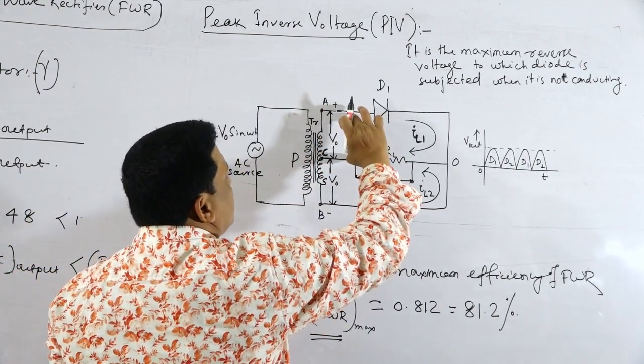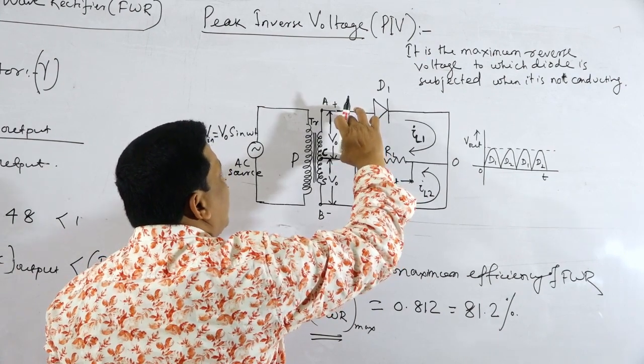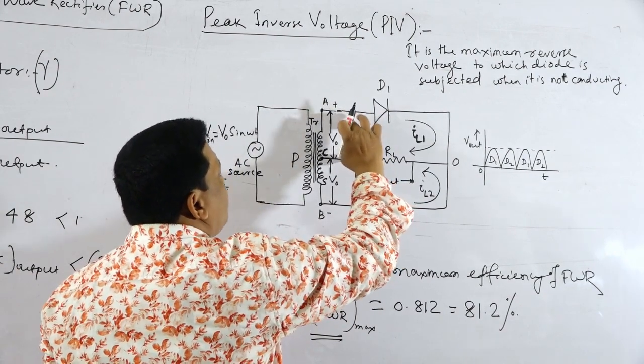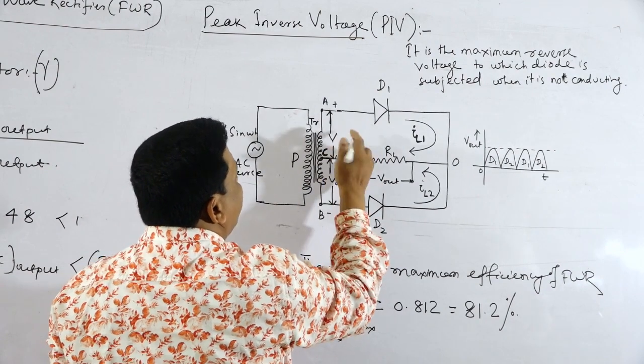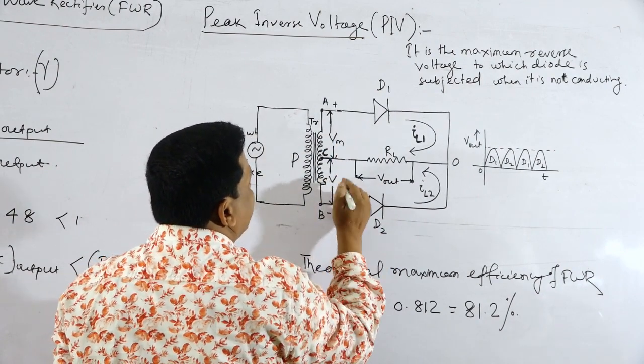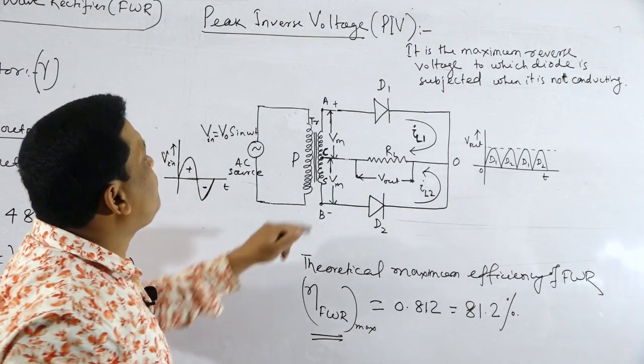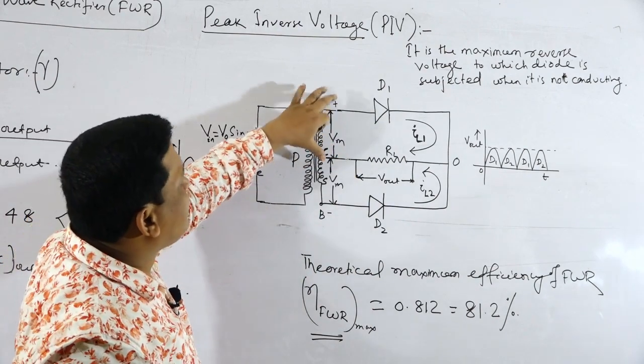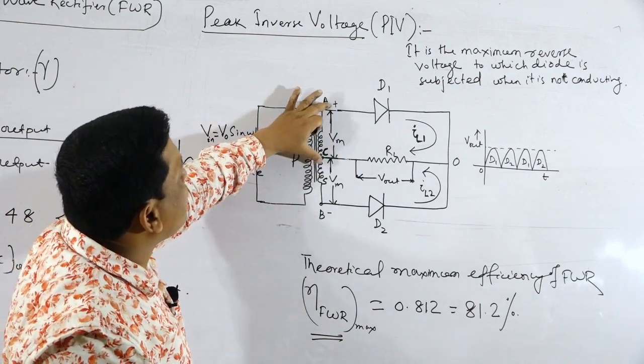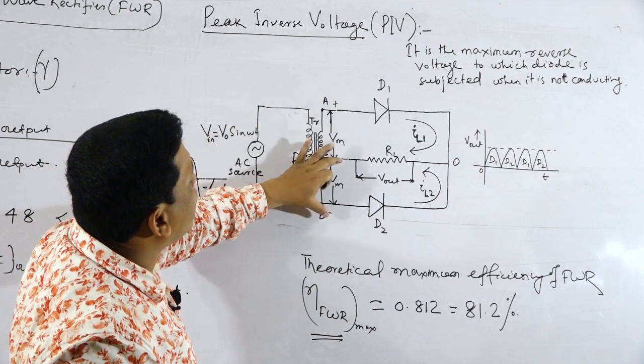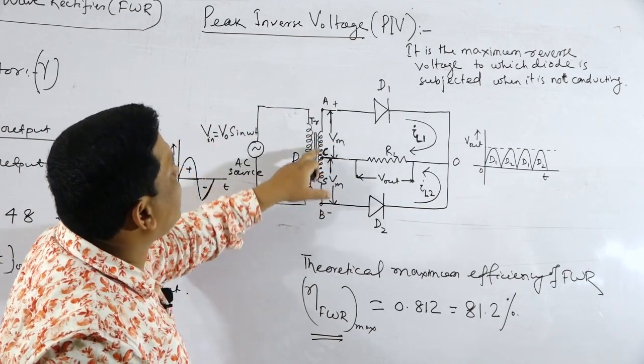Let Vm be the maximum voltage appearing in the upper half or lower half of the secondary winding.